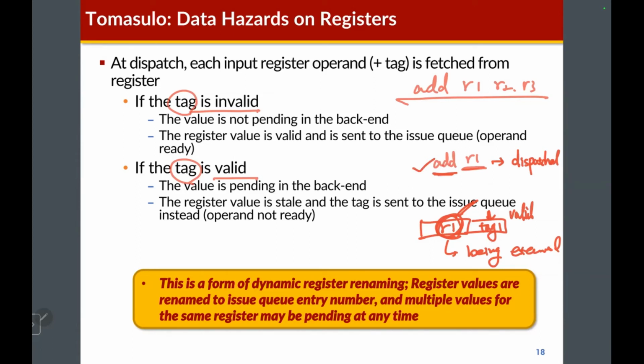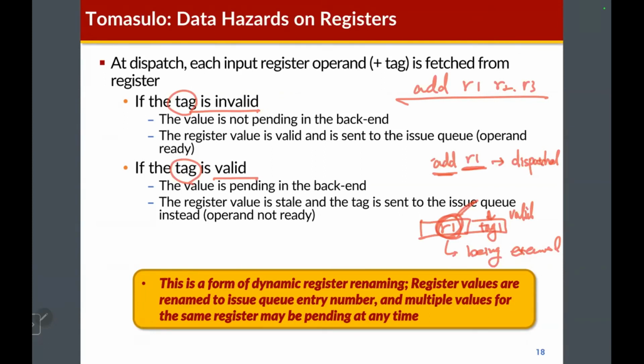This instruction is in the processor, so we don't know the actual value. So when the tag is valid, this register does not have valid data. It's unknown data.